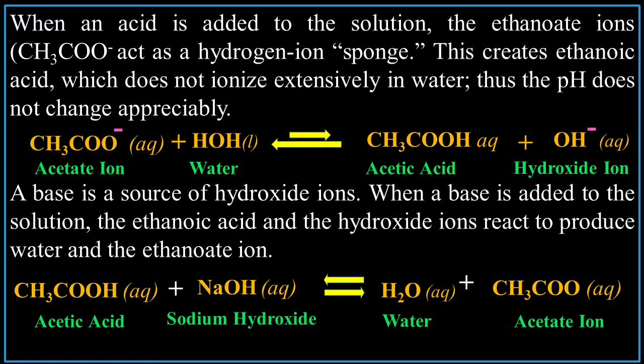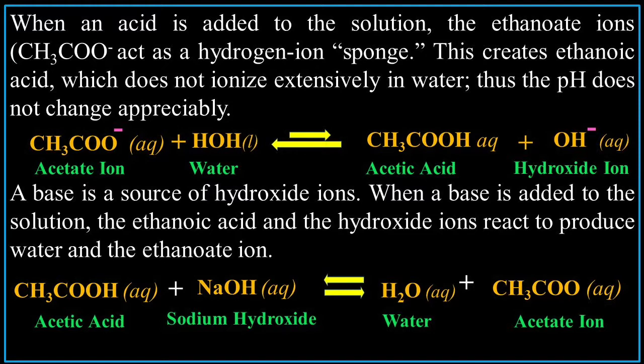When an acid is added to the solution, the acetate ions, CH3COO minus, act as a hydrogen ion sponge. This creates ethanoic acid, which does not ionize extensively in water. Thus, the pH does not change appreciably.